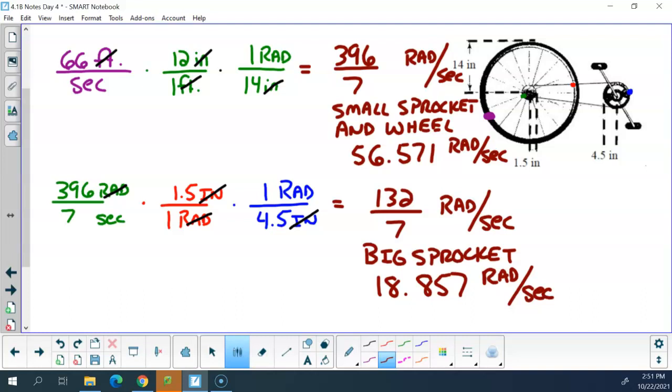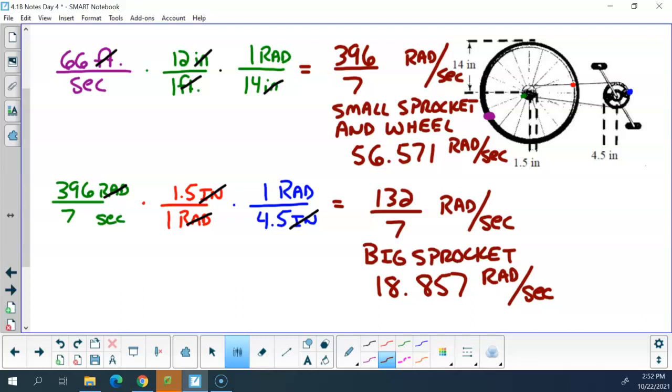Because the wheel is spinning at the same angular speed as the small sprocket because they're connected. They're both running off of the same axle. So you basically did the wheel first, right? Had to, because that was what we were given. And then you went to the small sprocket, because they're all on the same axle.